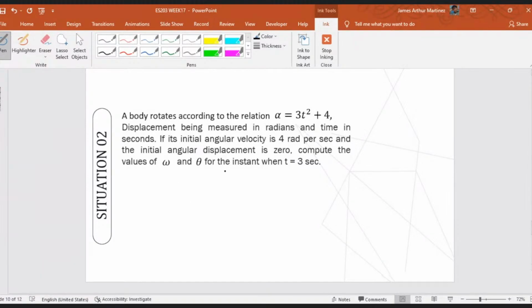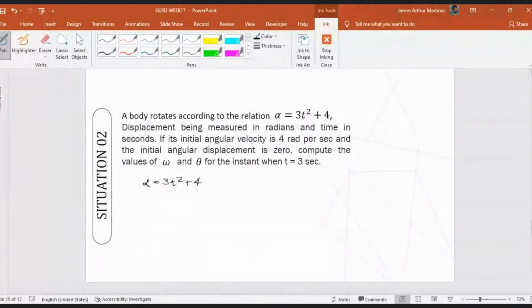So we are given the equation for alpha, and omega and theta are what the problem is asking for. So alpha is equal to 3t squared plus 4.